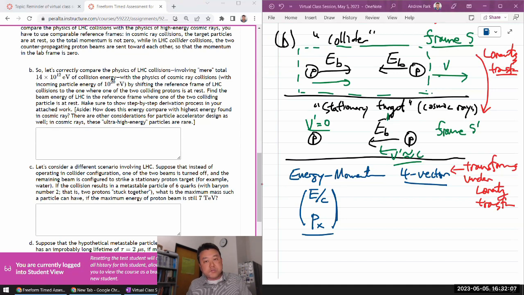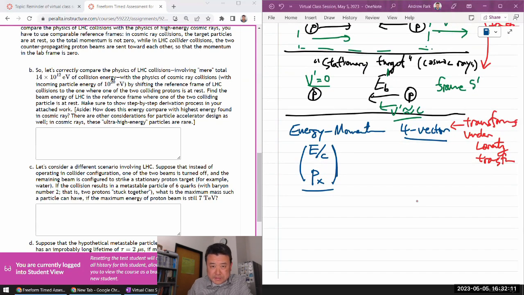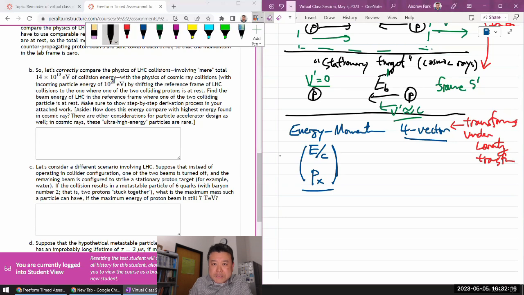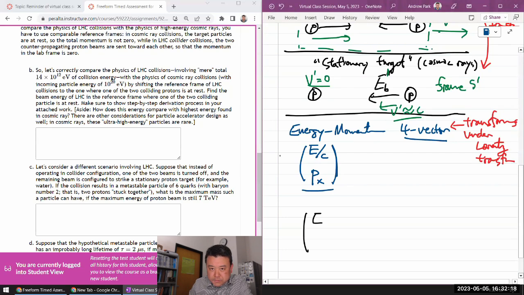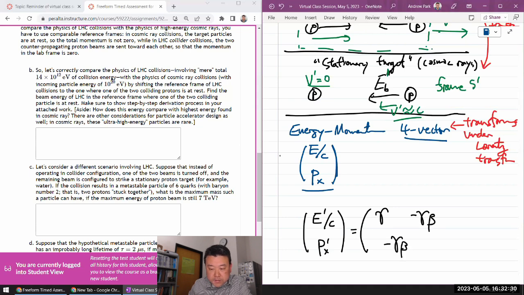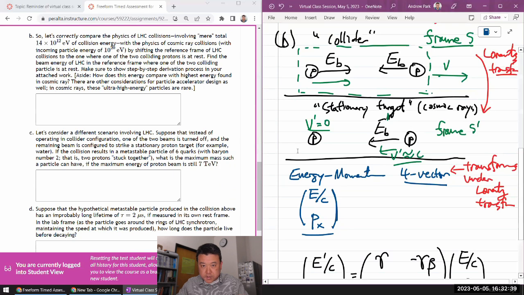I'm going to use Lorentz transformation, so let me do this relatively quickly because I think I'm going to run out of time. What I need to say is that the energy and momentum in the S prime frame is going to be the Lorentz transformed quantities of the energy and momentum in the frame S. And I have to be careful here.